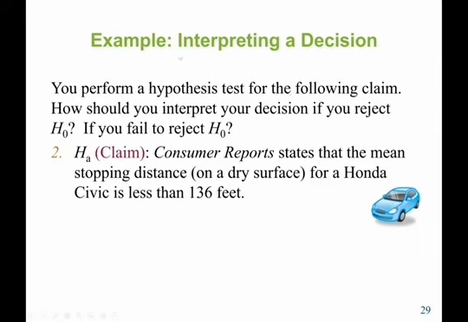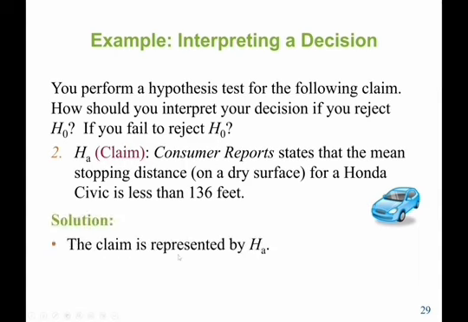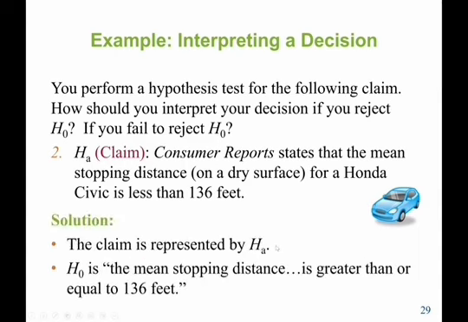Now, here we have the next question saying that you perform a hypothesis test for the following claim. How should you interpret your decision if you reject HO, and also if you fail to reject HO? Consumer Reports says that the mean stopping distance on a dry surface for the Honda Civic is less than 136 feet. But in this case, we don't have any other data. The claim will be represented by HA.